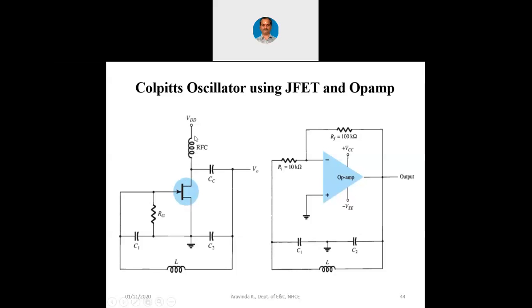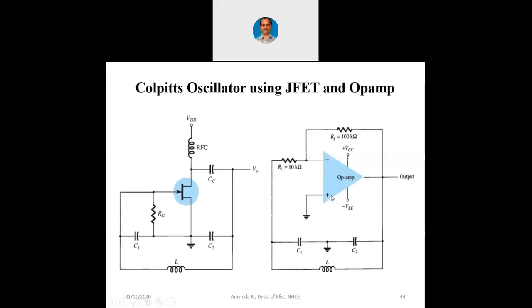I told you already about the purpose of RF choke. So we can have this C2, C1 and L as part of the feedback network, which is the same as our common emitter configuration. And we can have the CC as the coupling capacitor to the output, so that DC is blocked and AC is passed back to the input. Formula remains the same, 1 over 2 pi root of L into C equivalent, where C equivalent is nothing but C1 C2 by C1 plus C2.